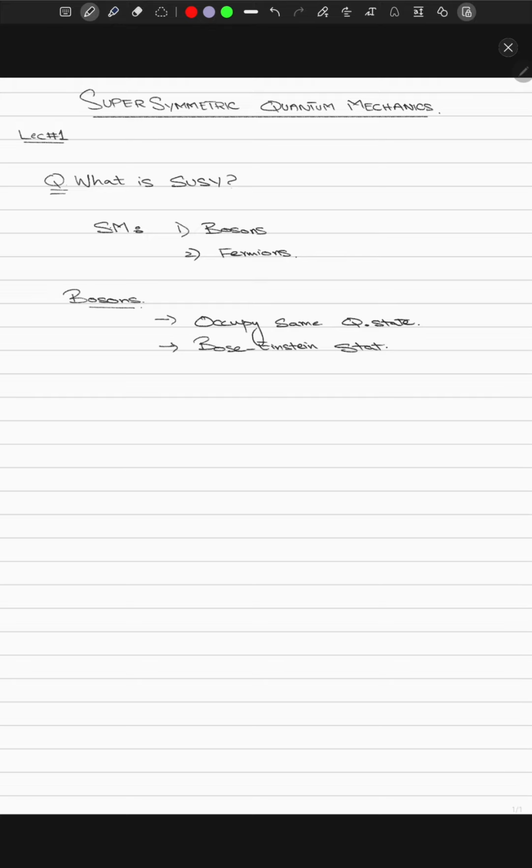You can define that statistics using the occupation number for bosons, n, which is equal to a sum over the index i of g_i, the degeneracy factor, which you have to account for in bosons, divided by exponential e_i over k_B T minus 1, right?